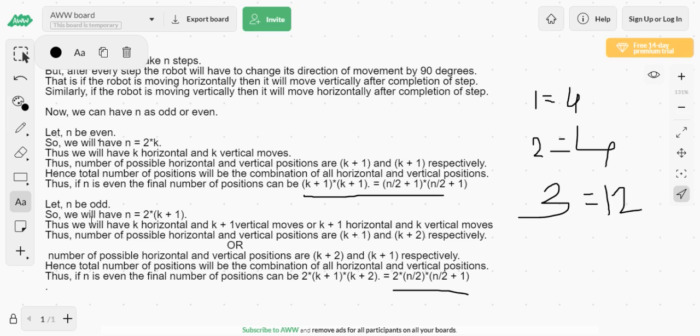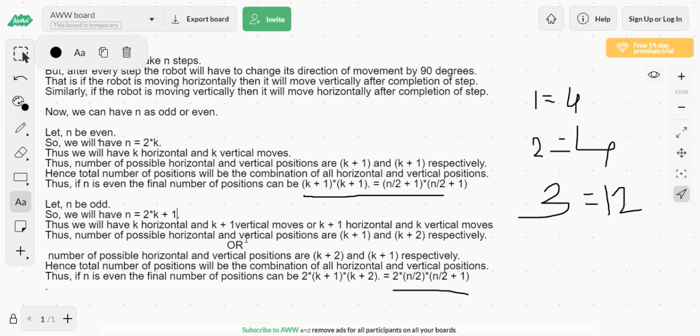Now when n is odd, n will be of the form 2k plus 1. So we will have k horizontal and k plus 1 vertical moves, or k plus 1 horizontal and k vertical moves.